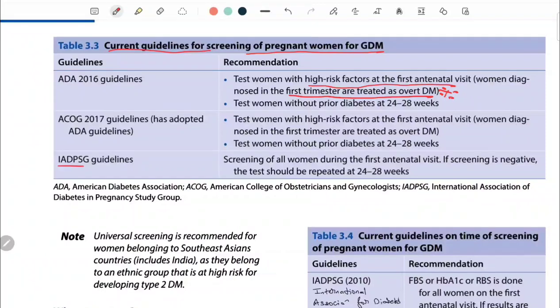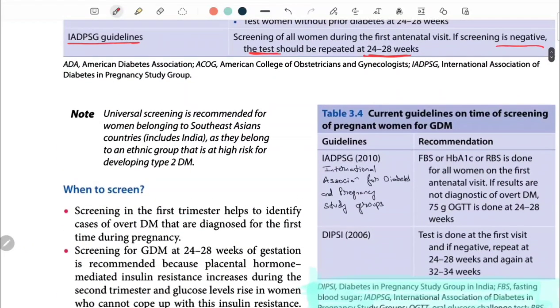Then the most important guideline, the International Association of Diabetes in Pregnancy Study Group, recommends screening of all women during the first antenatal visit. If screening is negative, the test will be repeated at 24 to 28 weeks.